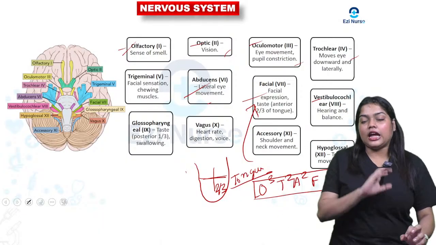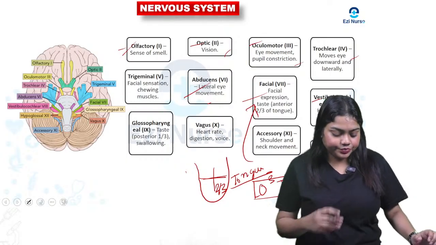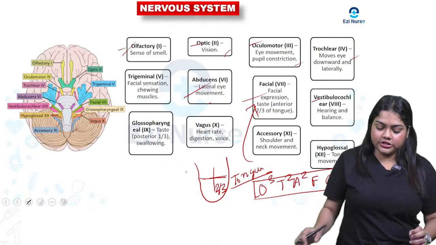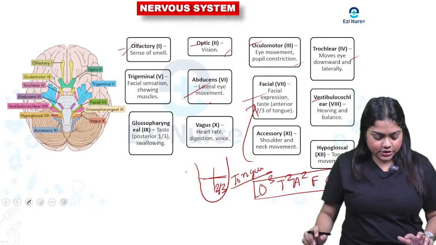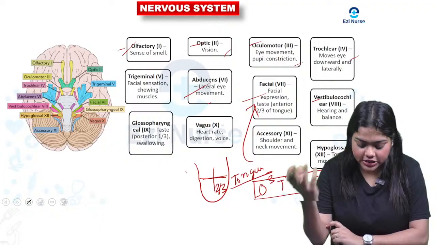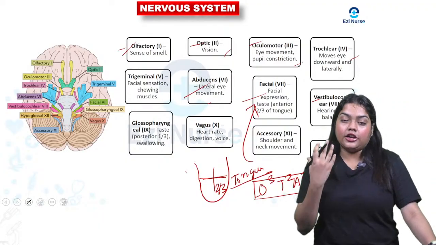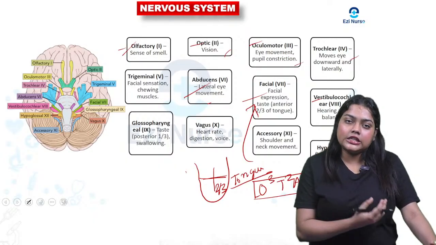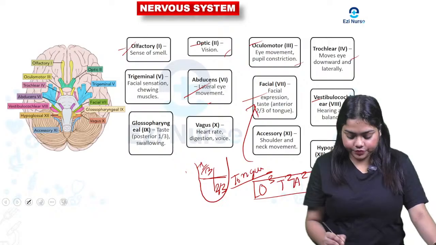So hearing and balance are also controlled by the vestibulocochlear. Come to glossopharyngeal. It helps in the posterior one-third of the tongue, not only for taste but also for swallowing.